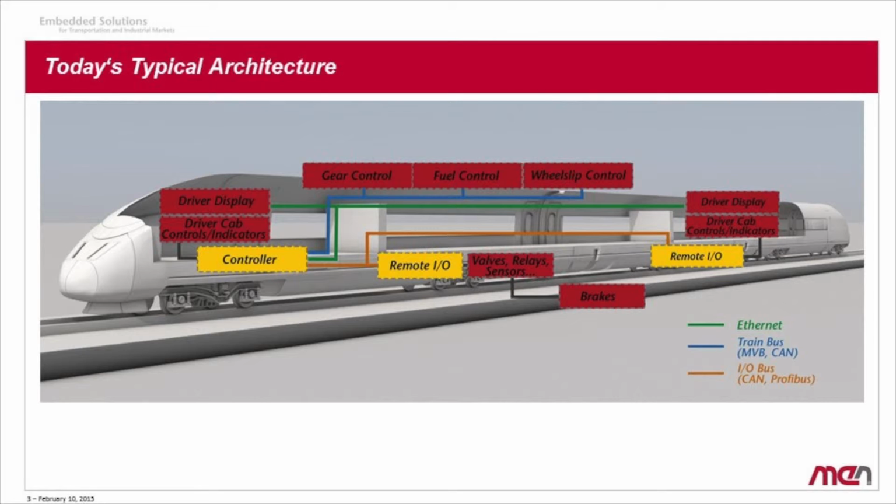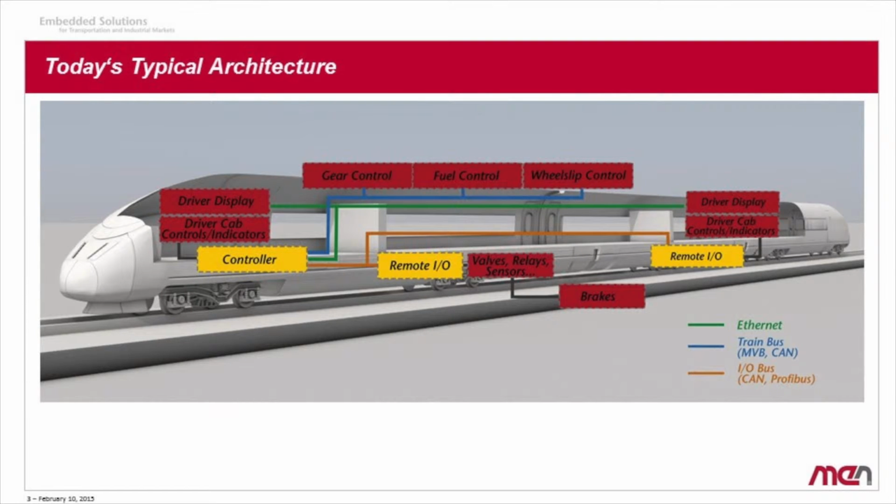So what are typical functionalities where you need the highest safety level? Typically, it's train control and train protection systems. If you look at an actual train, the main controller is the heart of the train. To that controller you have additional decentralized I/O, which is controlling the brakes and dedicated sensors.